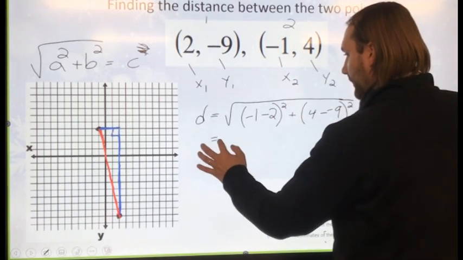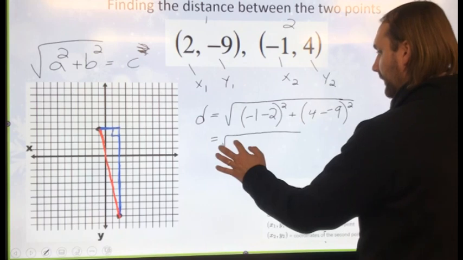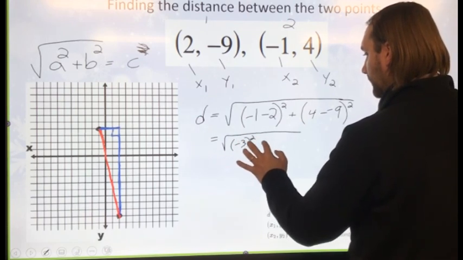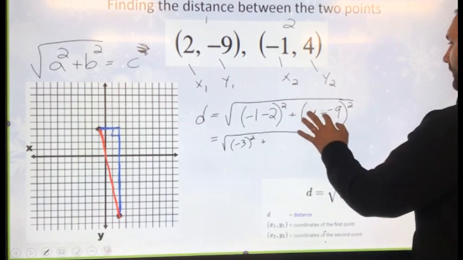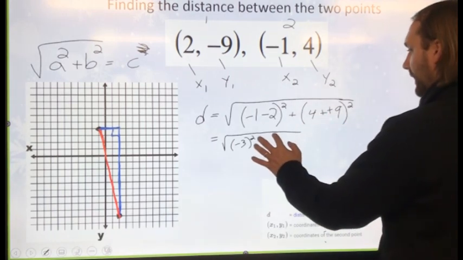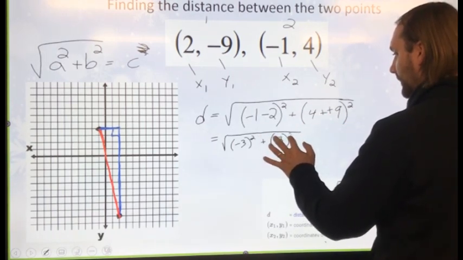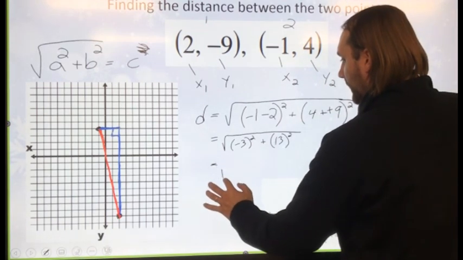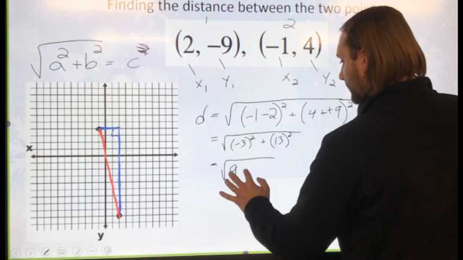So that equals the square root of -3 squared plus, 2 negatives makes a positive, that is a 13 squared. -3 squared is a positive 9.